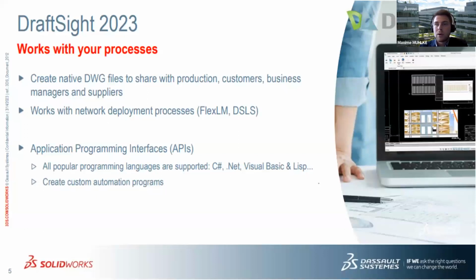Today, one of the strengths of DraftSight is that you will be able to continue working with network licenses, which will work with servers based on technologies like FlexLM or DSLS. And by the way, FlexLM was the technology used previously by Autodesk for the AutoCAD network licenses, which have recently been stopped, since a few months now.